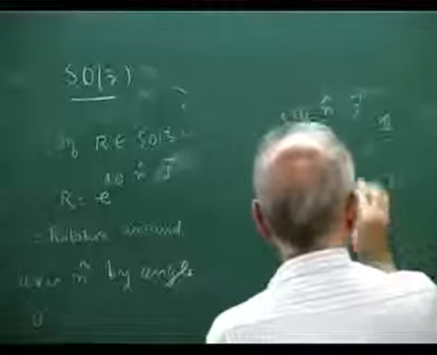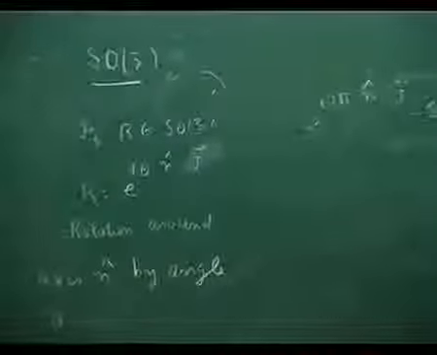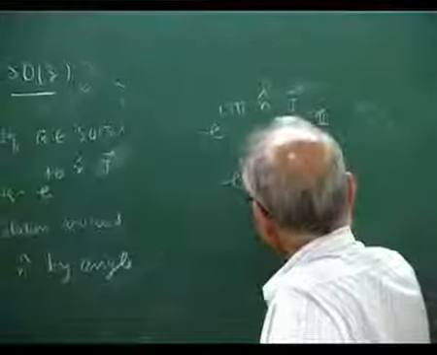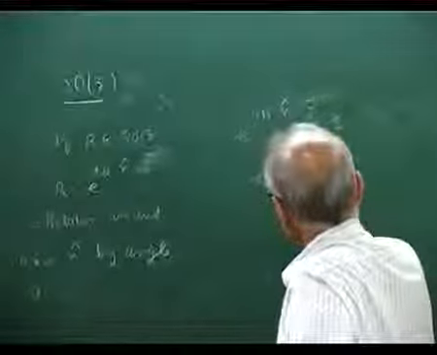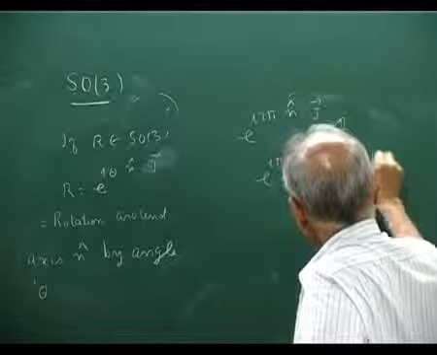A 2 pi rotation is nothing. Right. So exponential i pi n hat dot J is exponential minus i pi n hat dot J.